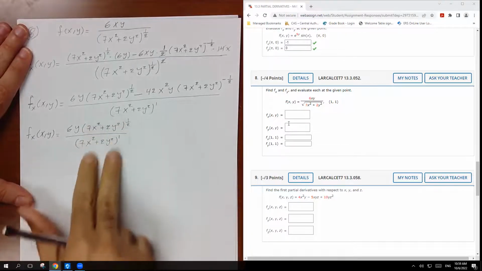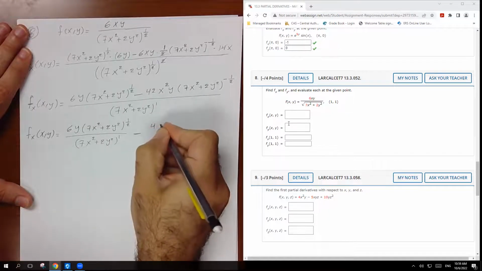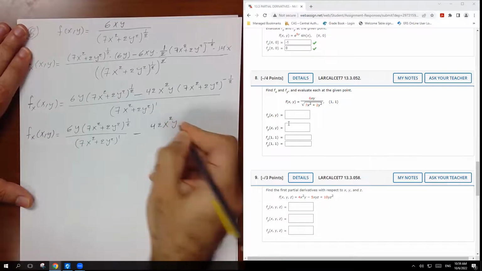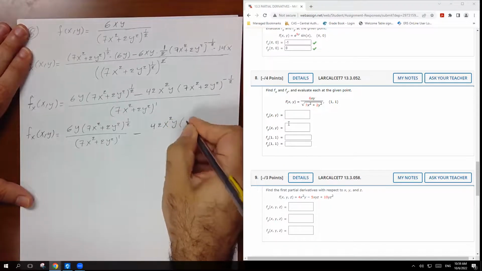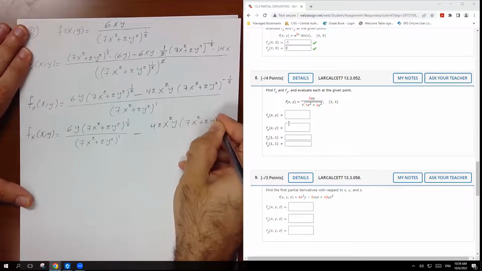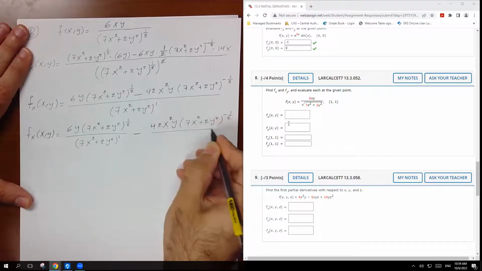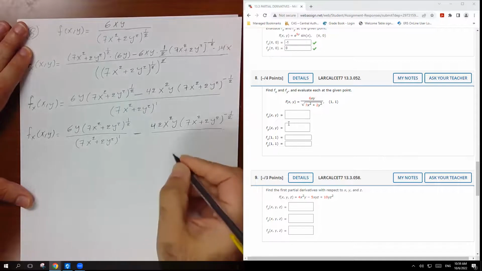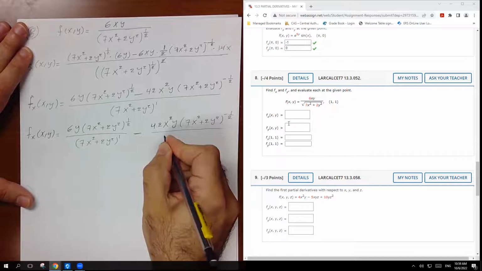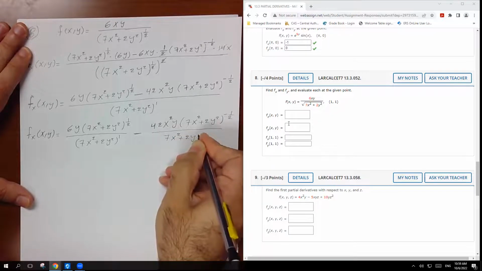We can simplify these two, minus 42xy times (7x squared plus 2y squared) to the negative half, and everything is divided by 7x squared plus 2y squared.